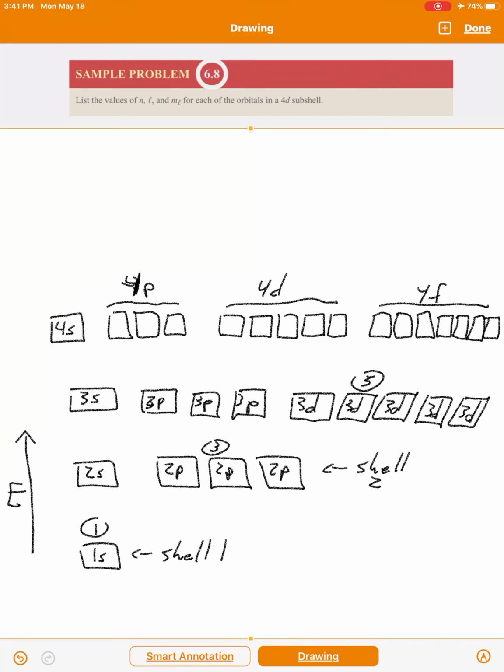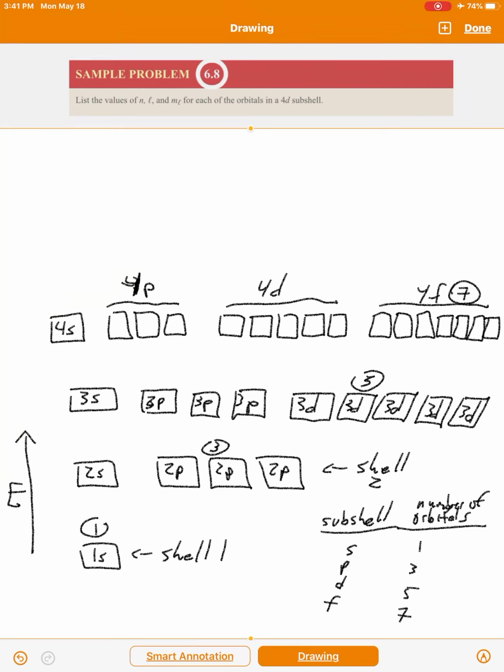So notice the pattern: it's 1 orbital for the S, 3 for the P, 5 for the D, and then 7 for the F. So I'm going to show you down here the subshell, SPDF, number of orbitals: 1, 3, 5, 7. Okay?